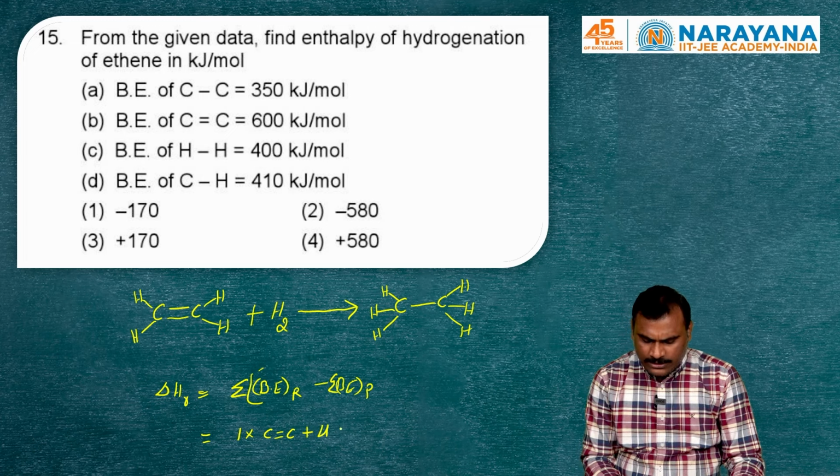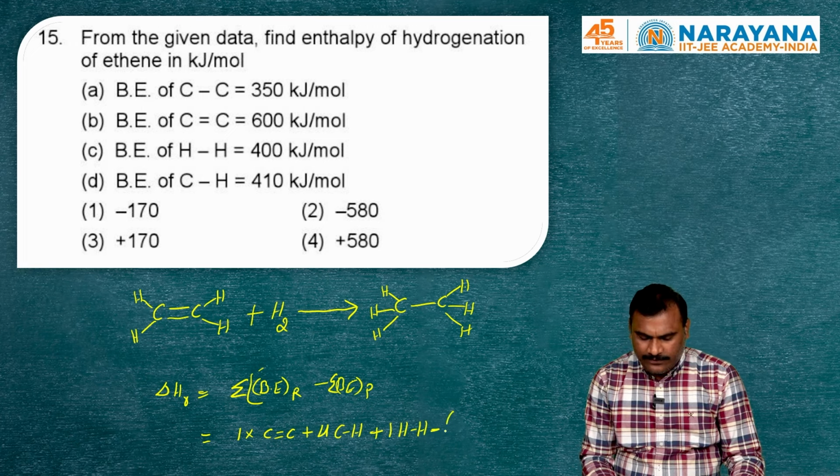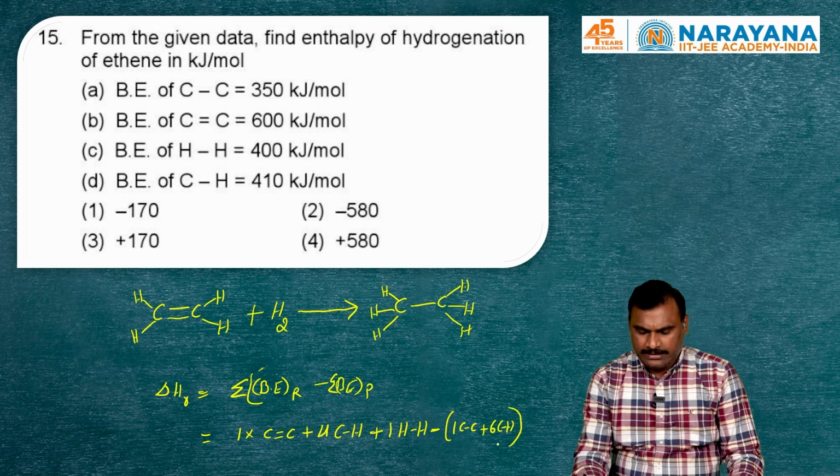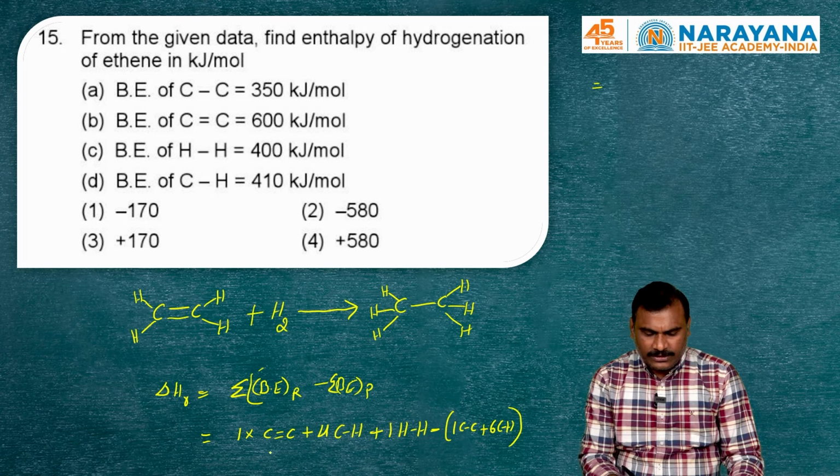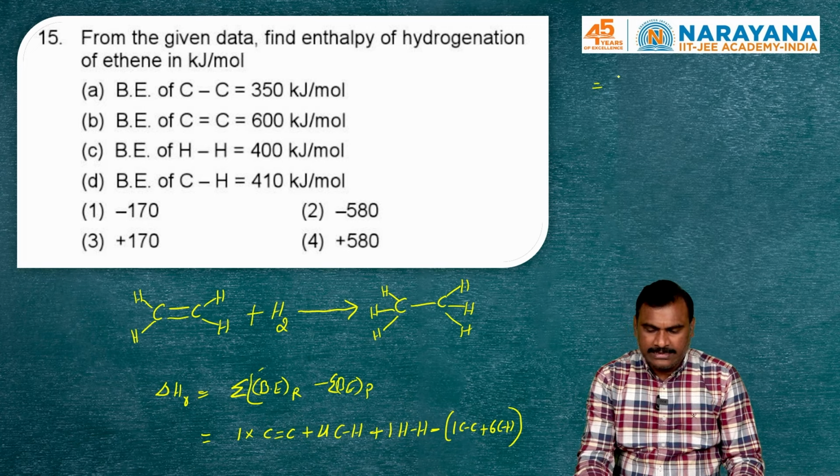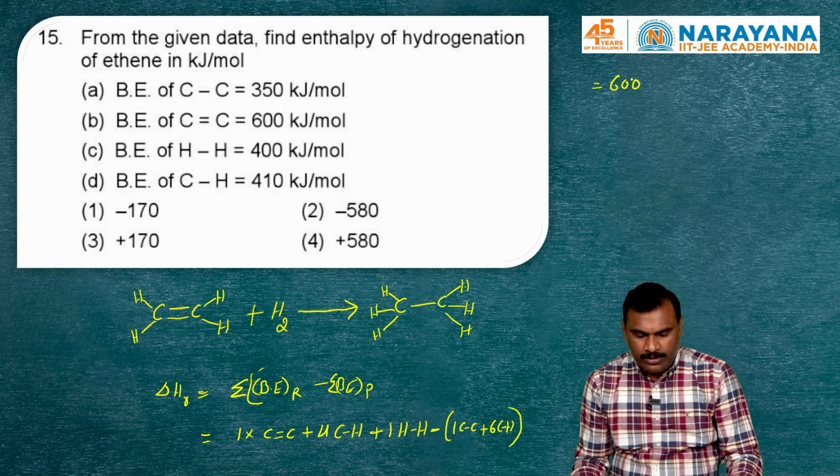Otherwise, we can write here also 4 C-H bond energy plus 1 H-H bond energy minus 1 C-C bond energy plus 6 C-H bond energy. Then after substituting, the C double bond C bond energy is 600 kilojoules per mole.